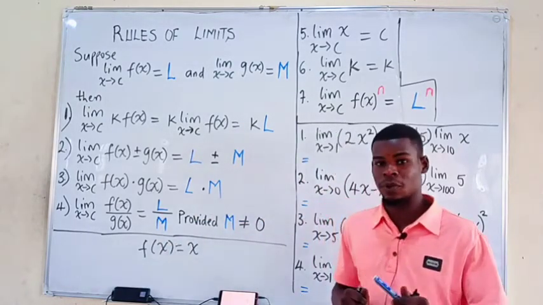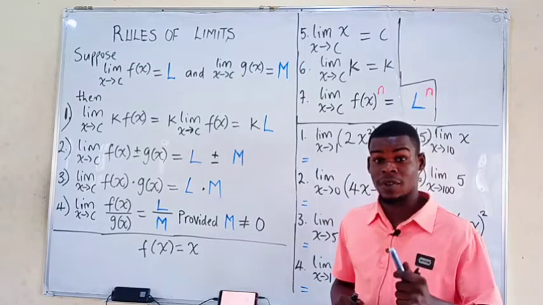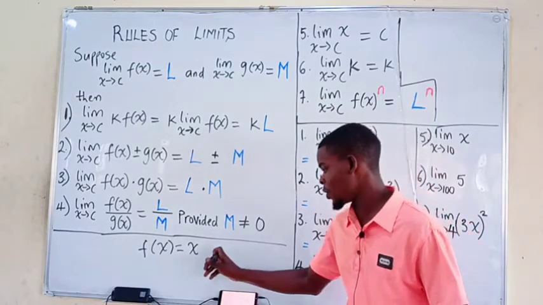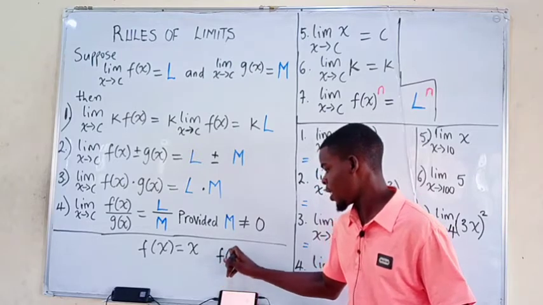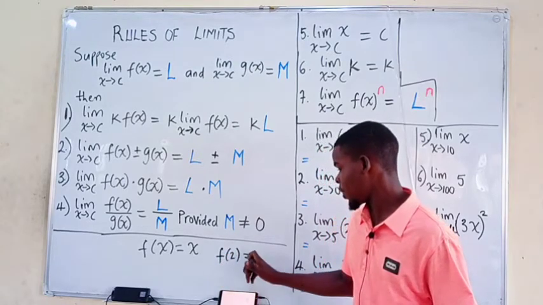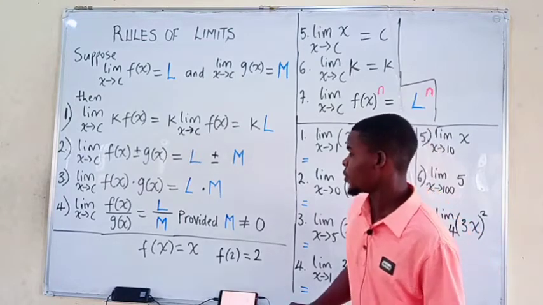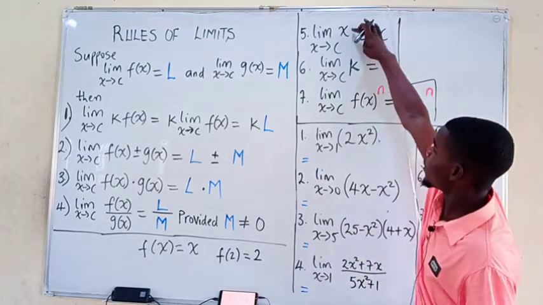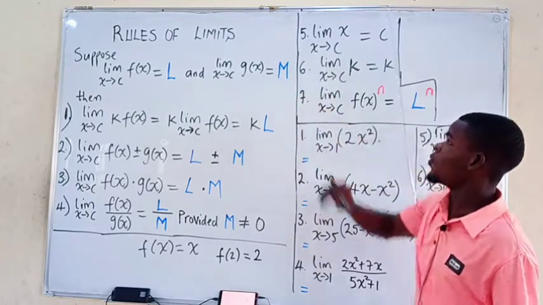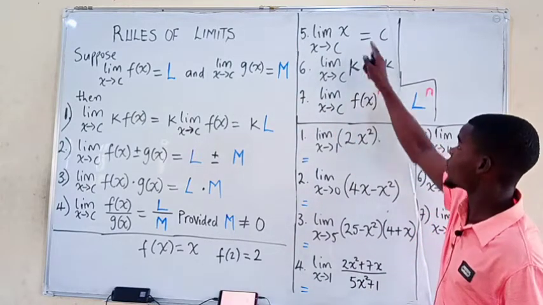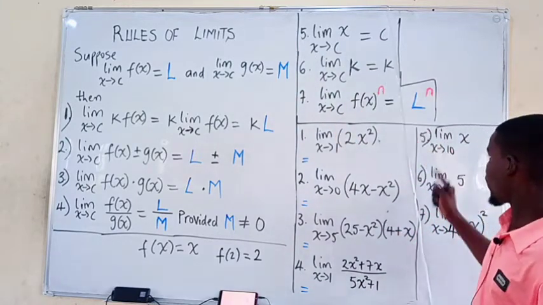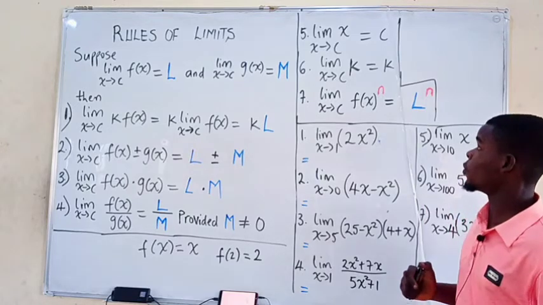So for any input, f of that input will give you the same thing as the input. That tells us that f of 2 is going to be the same thing as 2. That's just an identity function anyway. Alright, great. So when you take the limit of an identity function, as the input tends to c, the result is just c. The example 5 will illustrate what we are doing here.